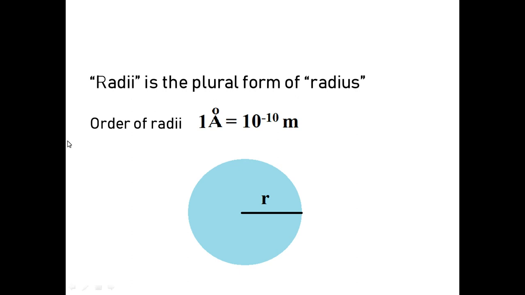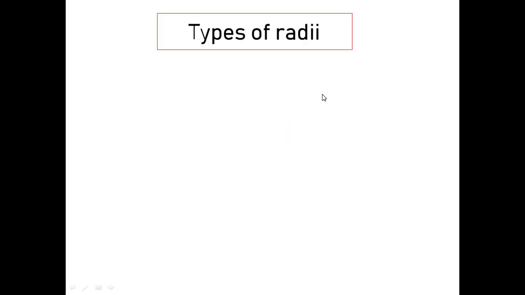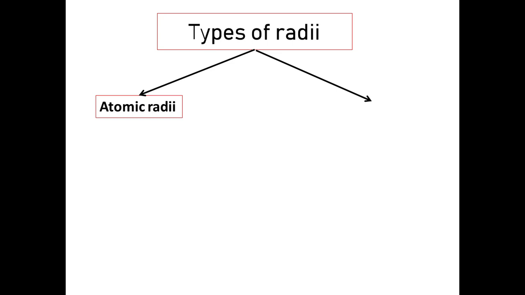There is a term radii, which is the plural form of radius. So we talk about the types of radii. I put a basic classification here, and you can also draw this flow chart in your textbook.